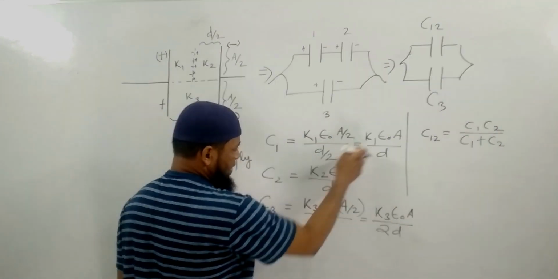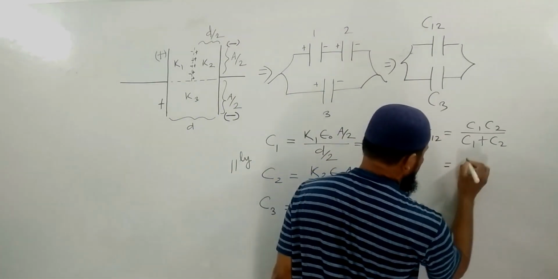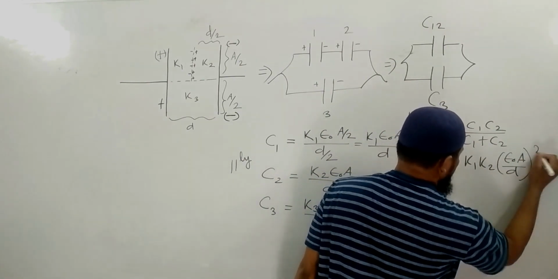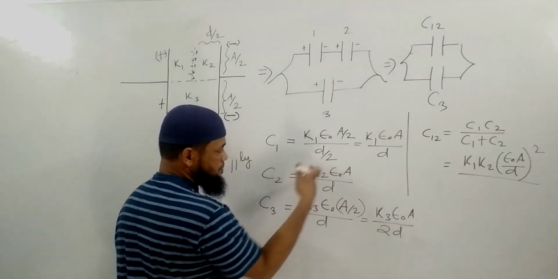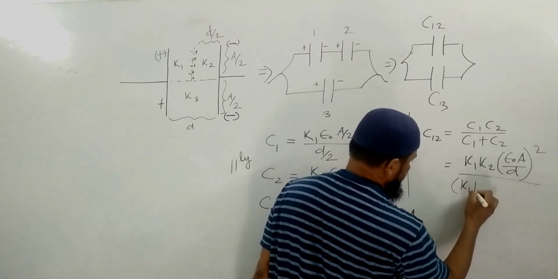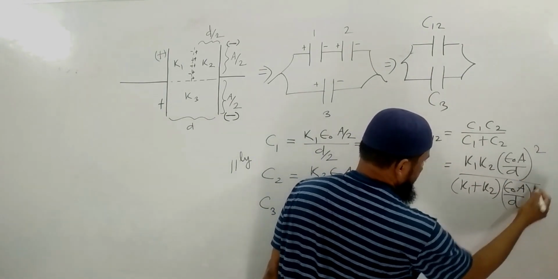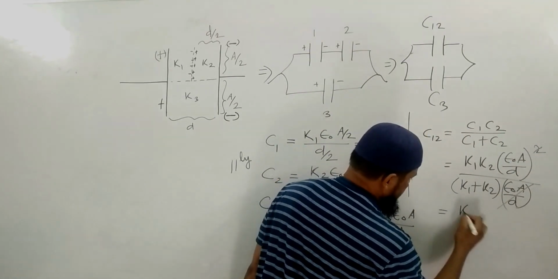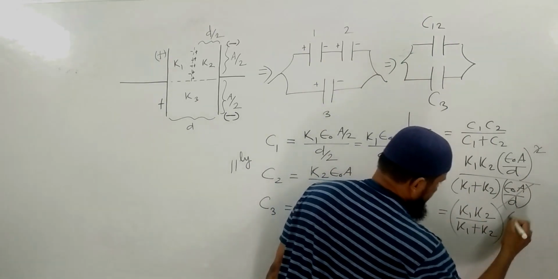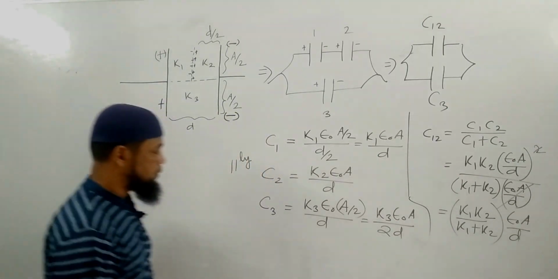If you multiply, C1 into C2 gives K1 K2 (epsilon naught A by D) whole square, divided by C1 plus C2, where epsilon naught A by D is common within the bracket, K1 plus K2. It cancels, so you are left with K1 K2 divided by K1 plus K2 into epsilon naught A divided by D. This is C12.